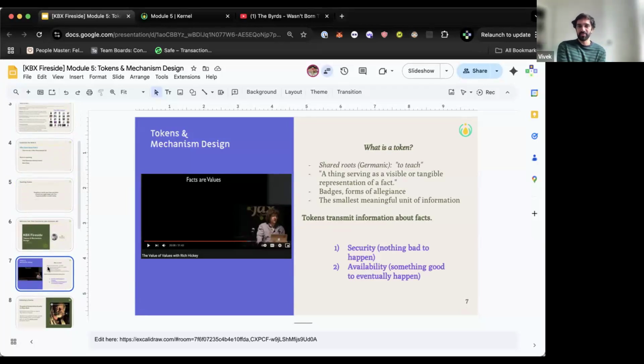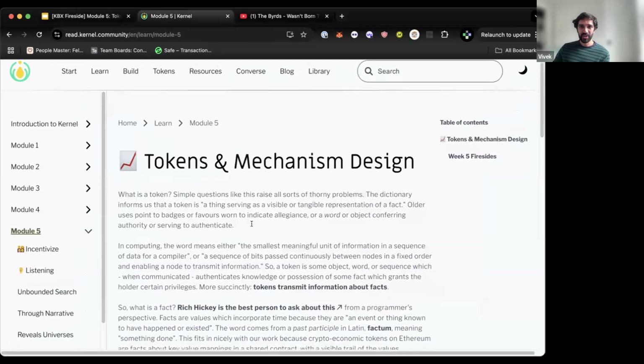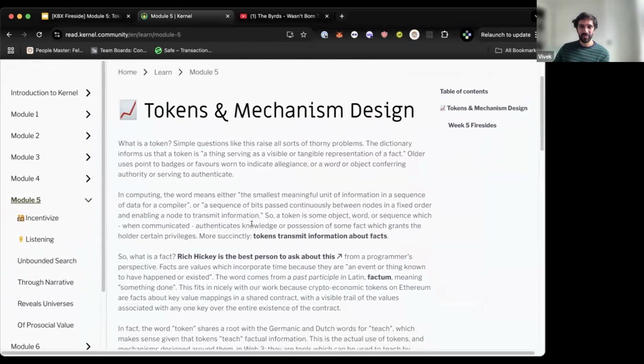And we come to this simple definition of tokens with his help, which is: tokens transmit information about facts. The things that we use to get there are here at the beginning of the module.